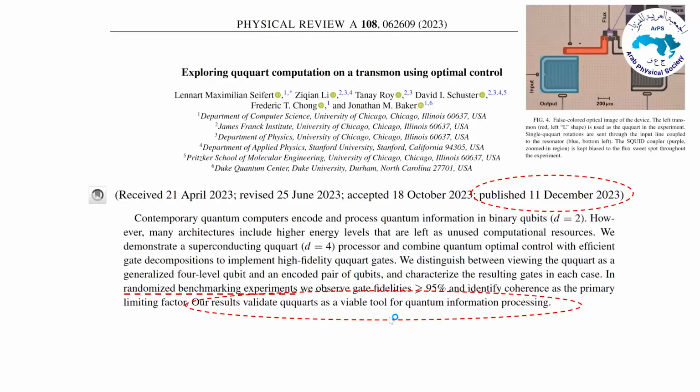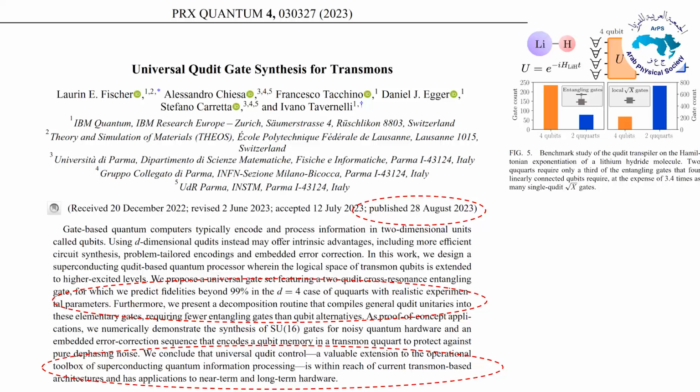In August 2023, people also reported another paper, in the prestigious PRX, again about the realization of a 4-level system with a transmon, with an application to near-term or long-term hardware.